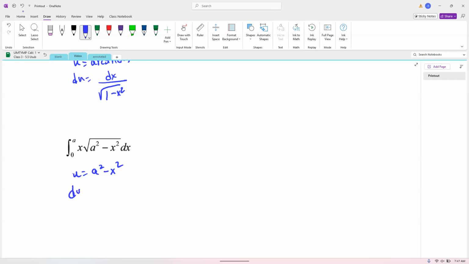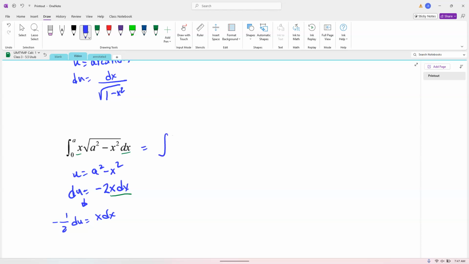So if I do du, that would just be negative 2x dx, and I see the x dx in here, right? Actually, I'll underline it a different color. x dx. Okay, so let's move the 2 over, so that means here that negative 1/2 du is equal to x dx.